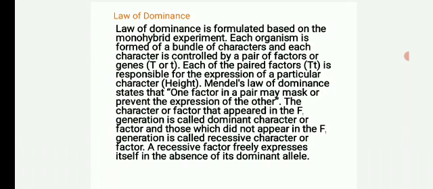The character or factor that appeared in the F1 generation is called dominant character or dominant factor, and those which did not appear in the F1 generation are called recessive factor or recessive character. A recessive factor freely expresses itself in the absence of its dominant allele, and that is the essence of the law of dominance.